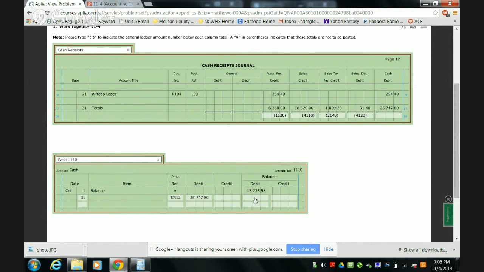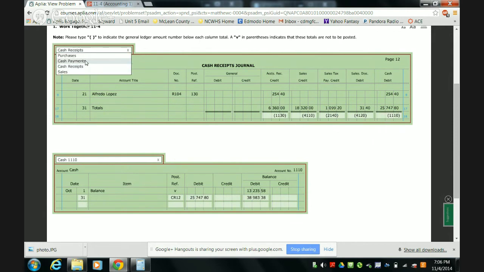This makes sense that my cash is going to go up here because it's my cash receipts journal. So I add my 25,000, whatever, to that, and I end up with $38,983.38. Okay. Post that to your cash, and you're done with your cash receipts journals.